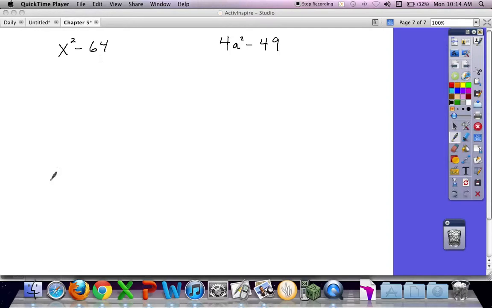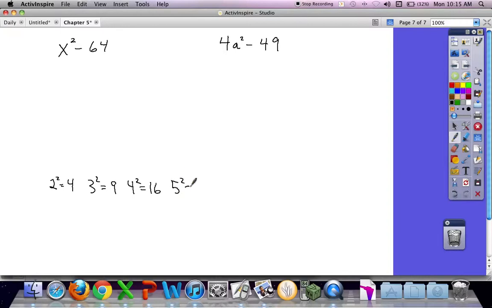And we know that 2 squared is 4, 3 squared is 9, 4 squared is 16, 5 squared is 25, 6 squared is 36, 7 squared is 49, 8 squared is 64, 9 squared is 81, and 10 squared is 100.